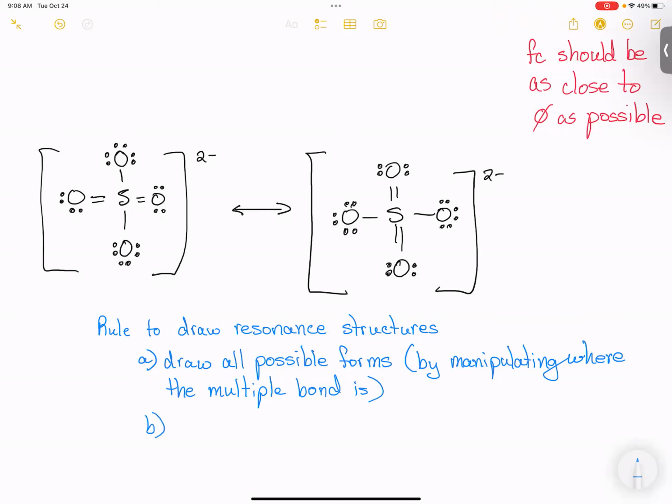And B, separate those structures with a double-headed arrow.